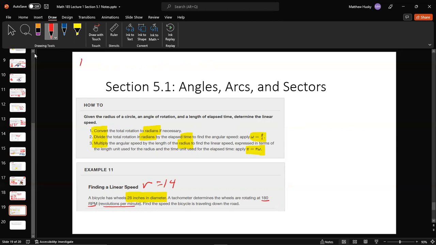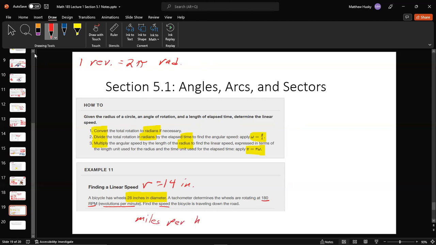So 1 revolution equals 2 pi radians, as we've said before. So we want the speed of this bicycle, and this is inches. So the speed is going to be miles per hour.